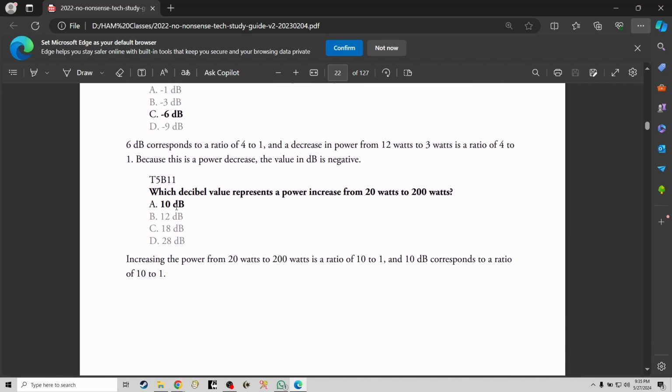All right, which decibel value represents a power increase from 20 to 200? 20 to 200. That's a 10 decibel gain. An increase of power from 20 to 200 is a ratio of 10 to 1, and a 10 decibel gain corresponds to a ratio of 10 to 1.